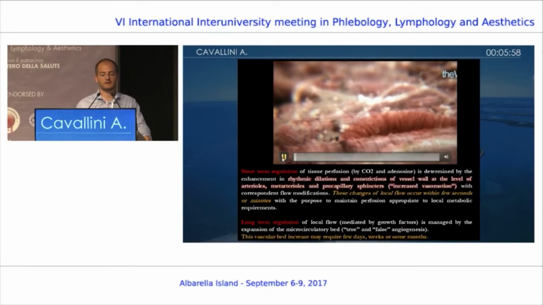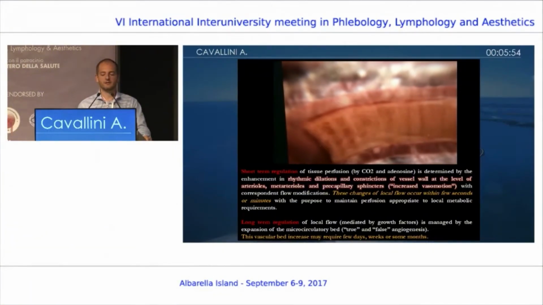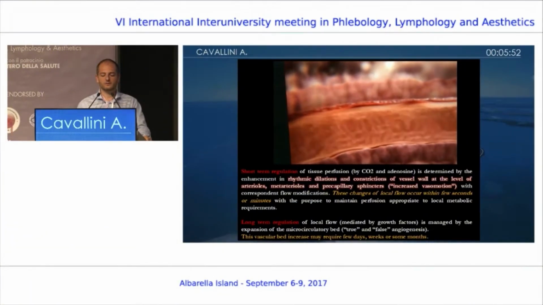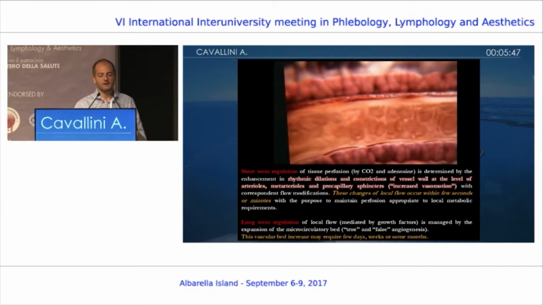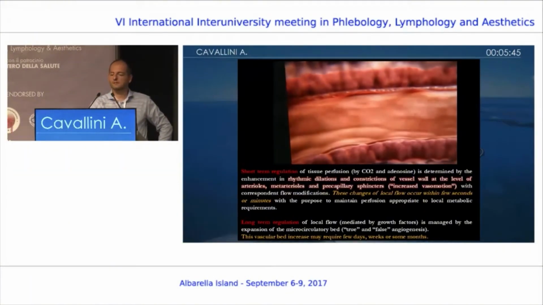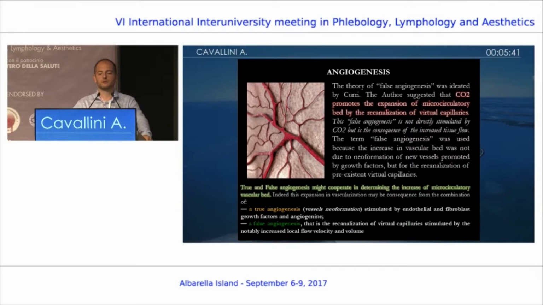Here we've got an example of how vasomotion is carried out. It's a motion of the arterioles and meta-arterioles, and in carboxytherapy, it is actually fostered. With carboxytherapy, you also have a long-term action, as a matter of fact, thanks to neoangiogenesis.